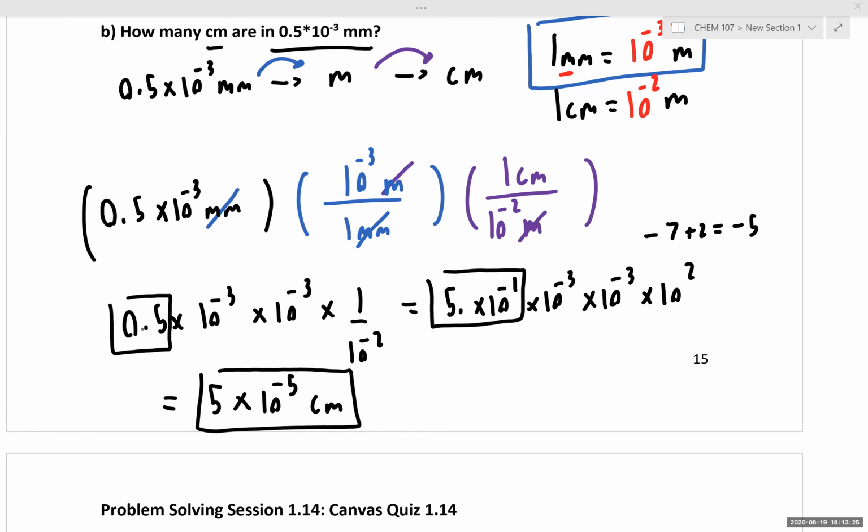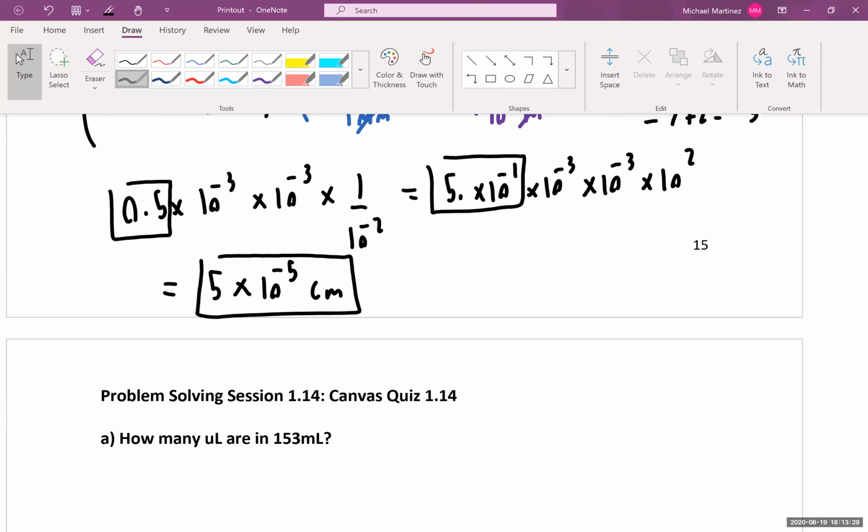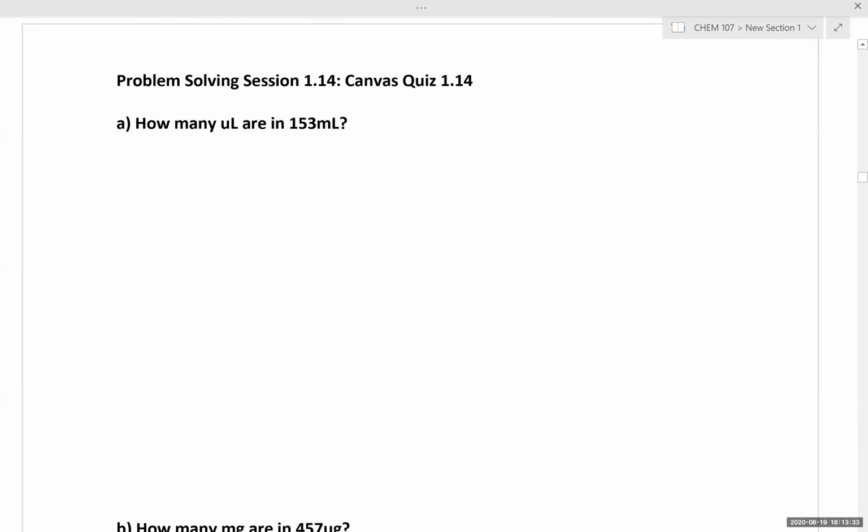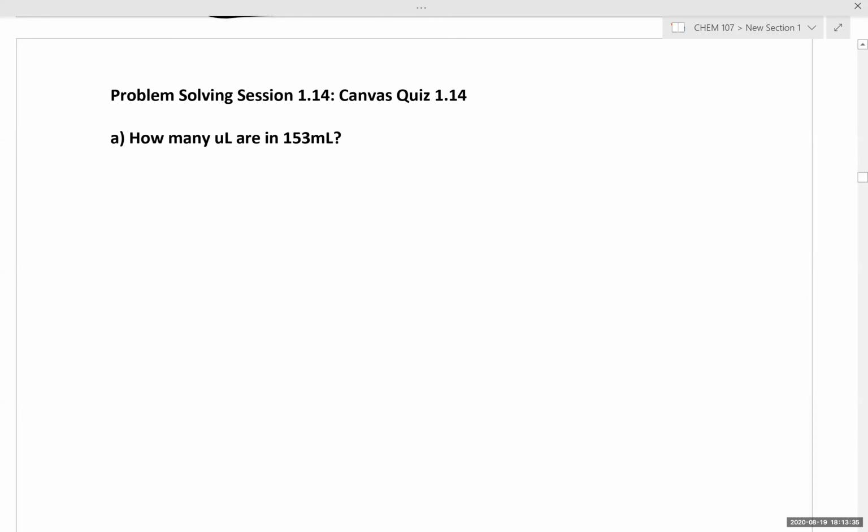So now that we've seen a few examples using both methods, what we're now going to do is work on a set of unit conversions. We're going to spend about 3 to 4 minutes and try to determine how many microliters are in 153 milliliters.